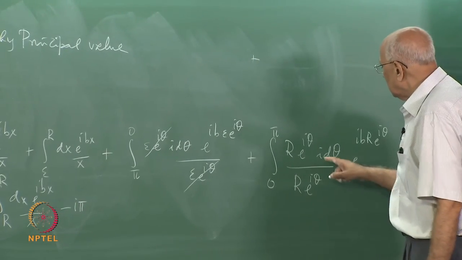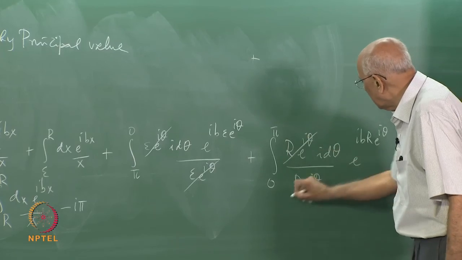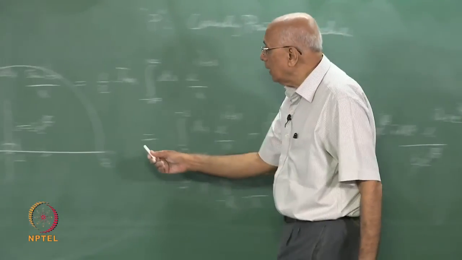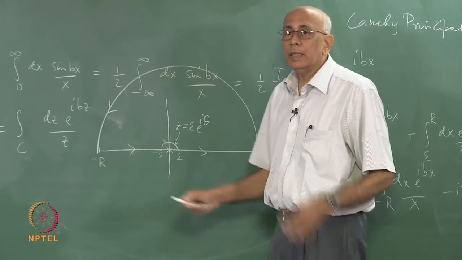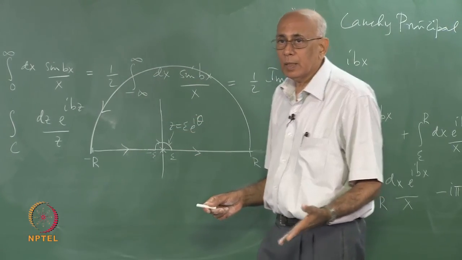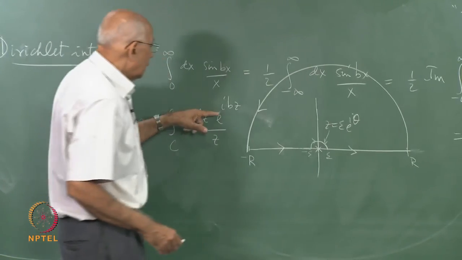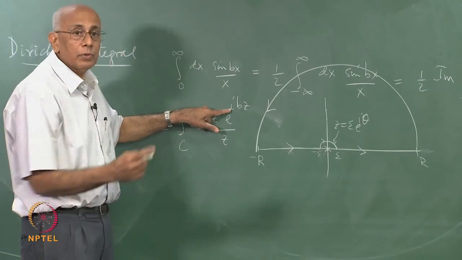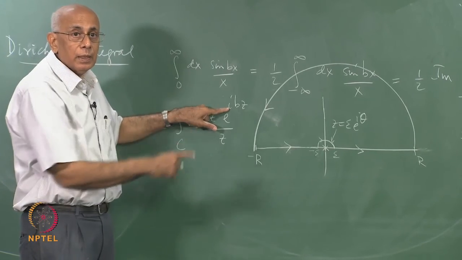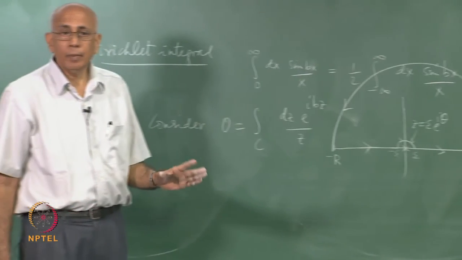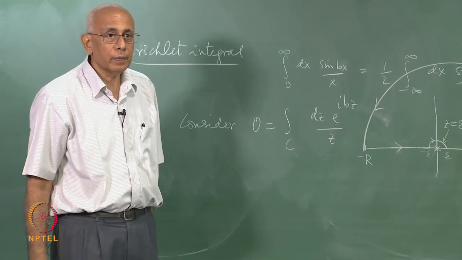And then this portion here cancels against that. As long as you are in the upper half plane, z has a positive imaginary part with a very large r there, and then the positive imaginary part, because of that factor r, gives you a damped exponential which goes to 0 in the limit as r goes to infinity.